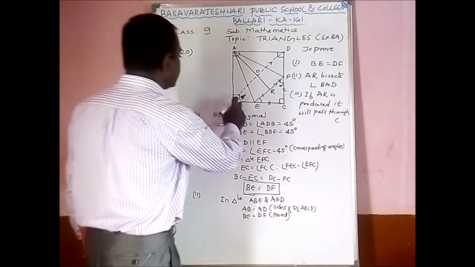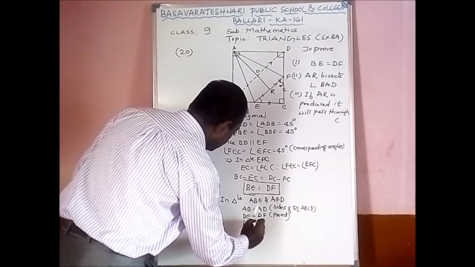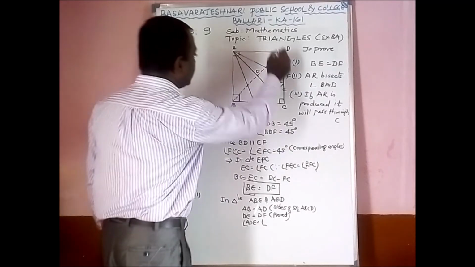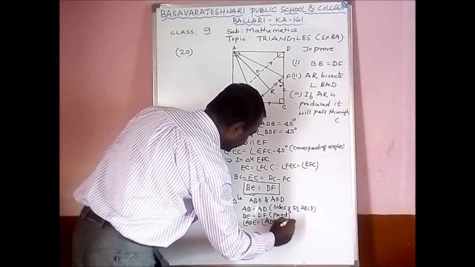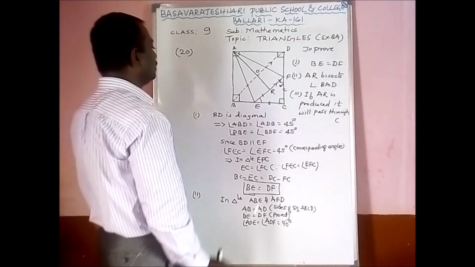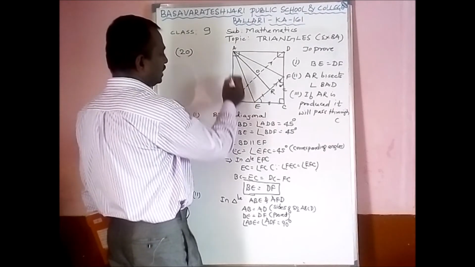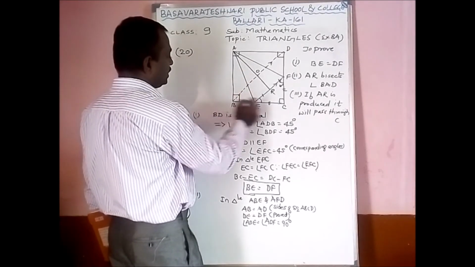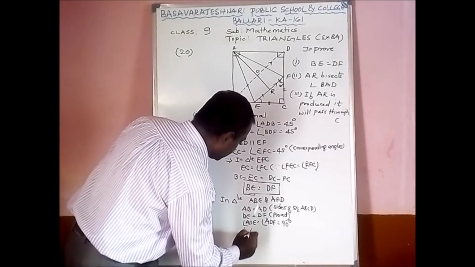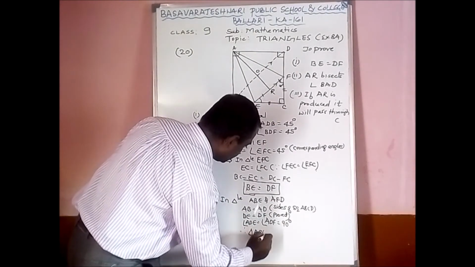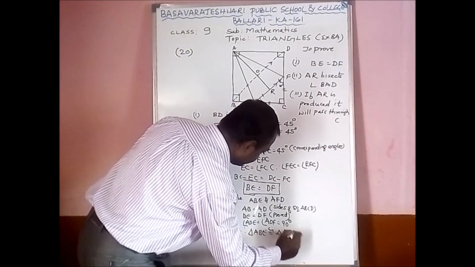And the angles are also there. Angle ABE is equal to angle ADF, which is equal to 90 degrees. So we can use SAS. Therefore we can say triangle ABE is congruent to triangle AFD.